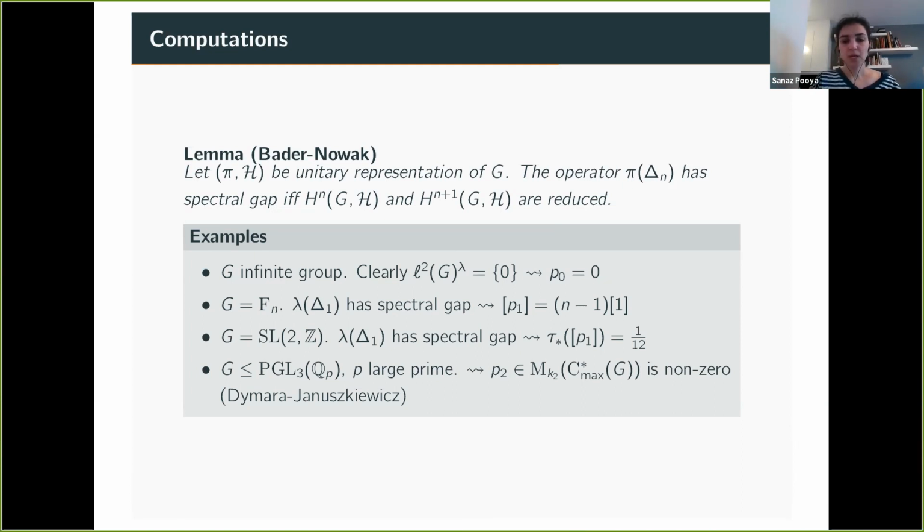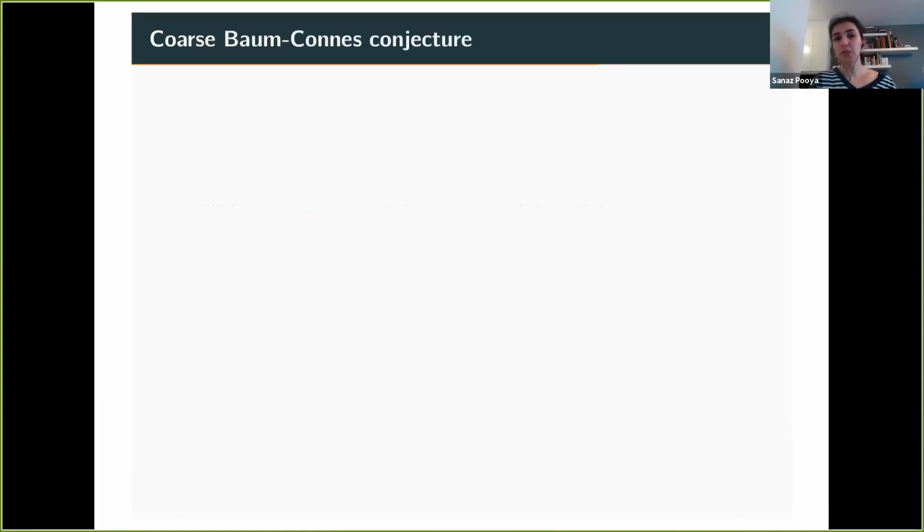Okay. So with this, I would like to move to the context of Coarse Baum-Connes conjecture and mention basically the main application of this projection to that context.